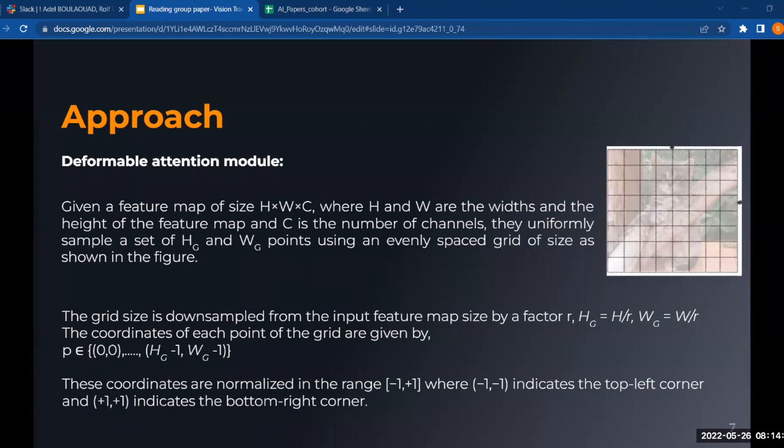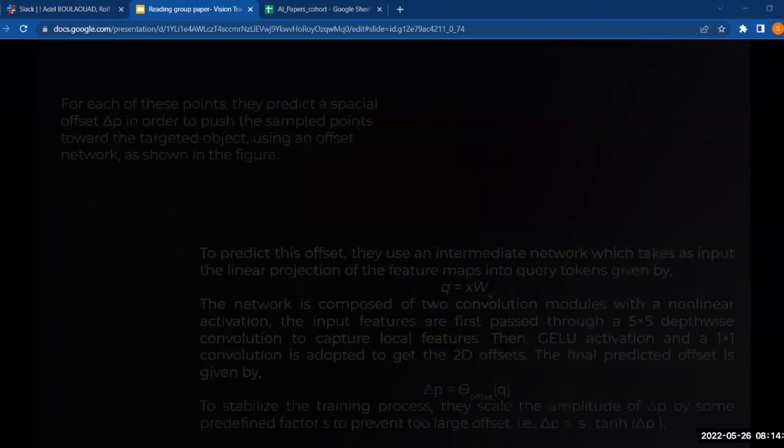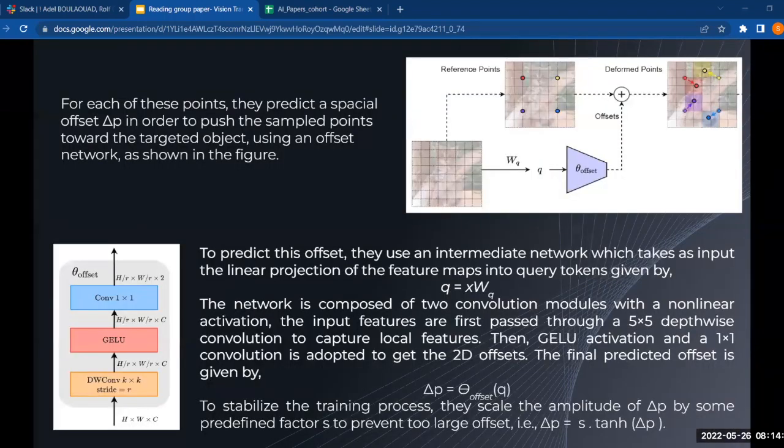After that, we obtain the offsets for each reference point. The feature maps are projected linearly to the query. As you can see in the right image, we get the reference points, and there is an offset network to which we give the weights of the query points.